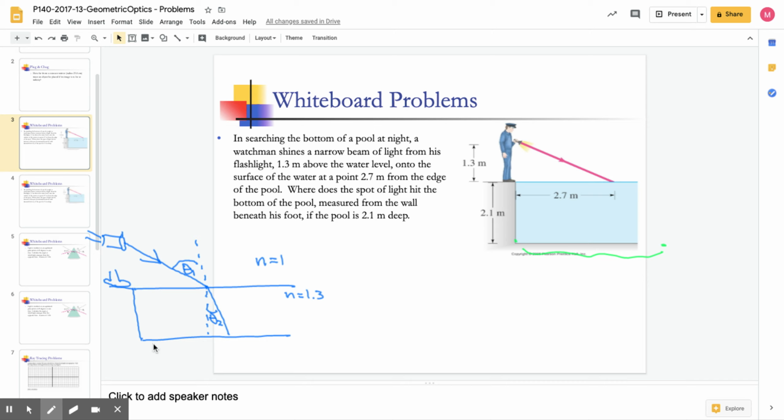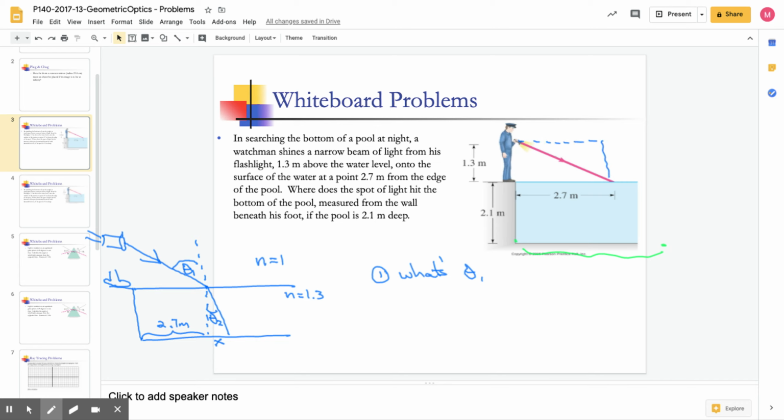I know this distance right here is 2.7 meters, and I need to find this other distance and then add them together. So let's write down our steps. Step 1, I need to figure out theta 1. I'm given information about my triangle: this is 2.7 and this is 1.3.